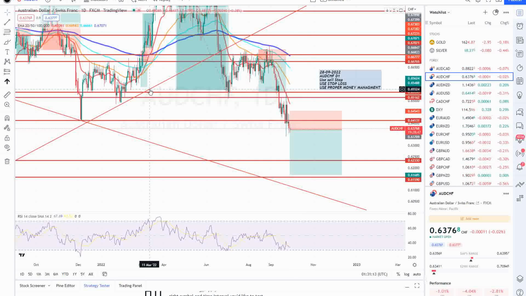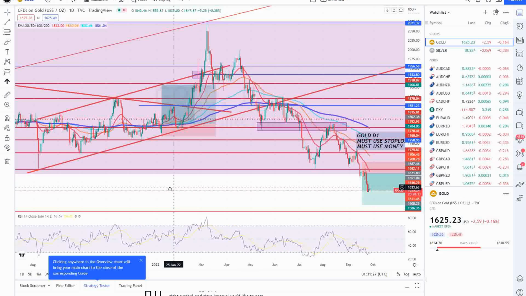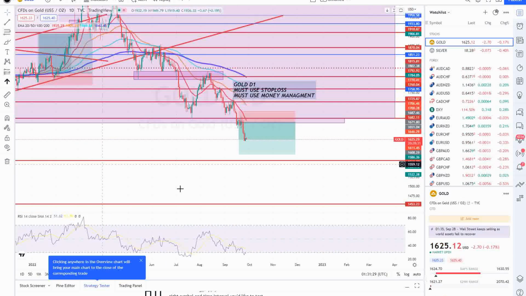Well, we check our performance of the previous positions which we already opened. Let's start with the gold. Gold is going in a good direction. Yeah, it's still going in downtrend, and hopefully it will touch our take profit zone.